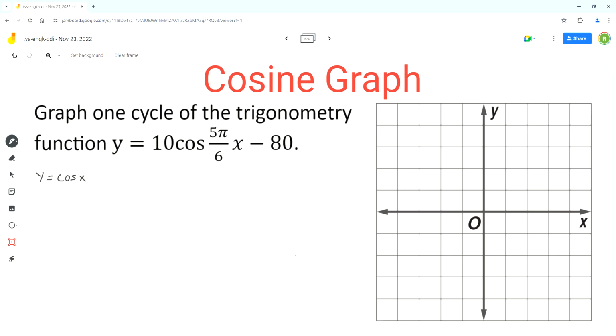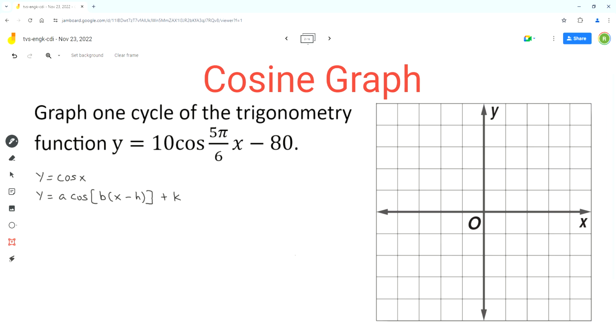The general equation of a transformed cosine function is given here. In this equation, a, b, h, and k are the constants that cause the transformation for the parent function.